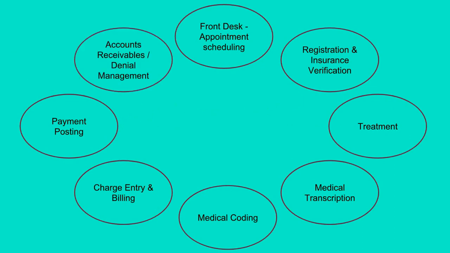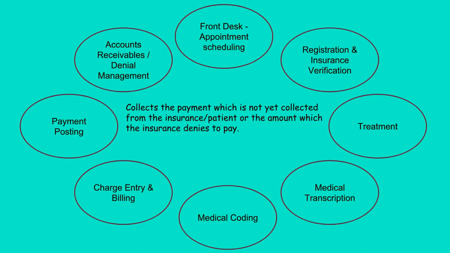if there is anything left out, or the insurance denied the payment, that might go to accounts receivable or denial management. As the name indicates, accounts receivable is the amount which has to be received, whatever the provider has to receive either from the insurance or from the patient.